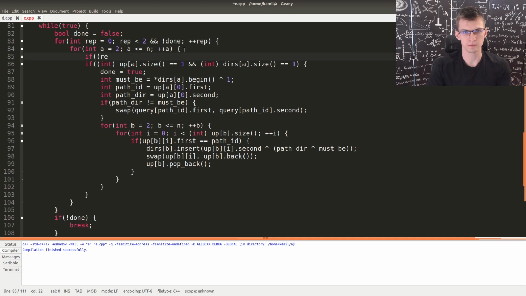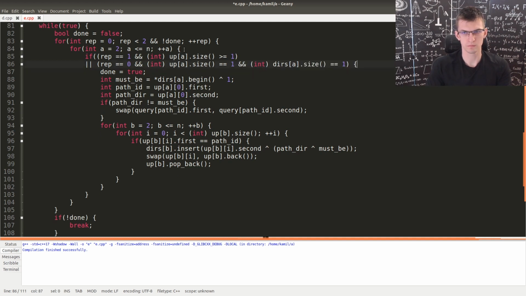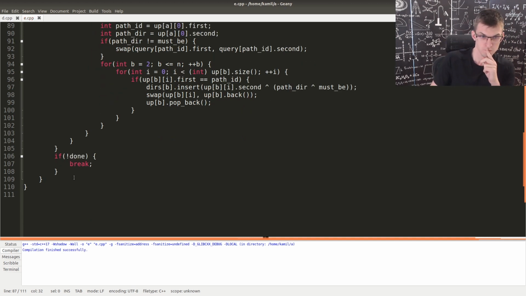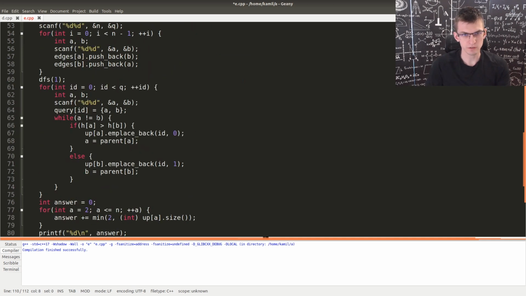If for every query, they are numbered from 0.